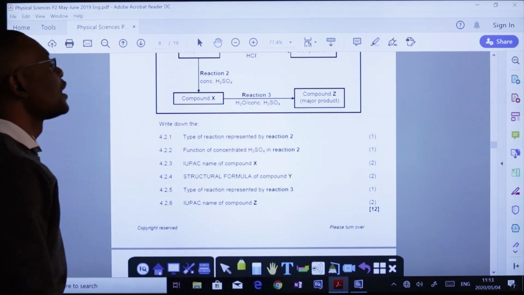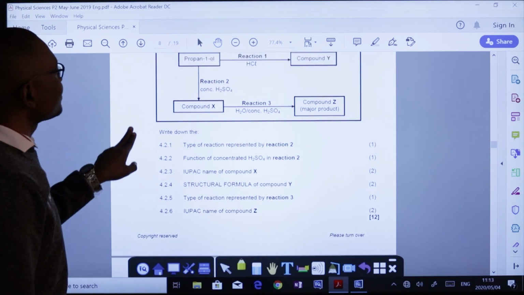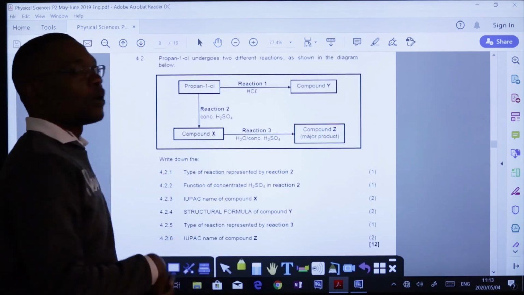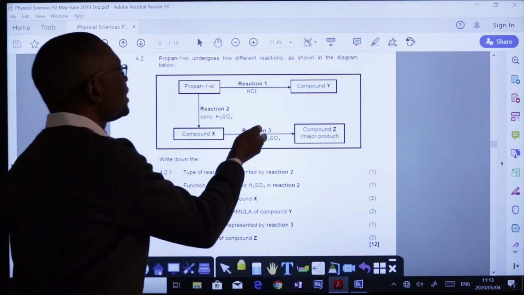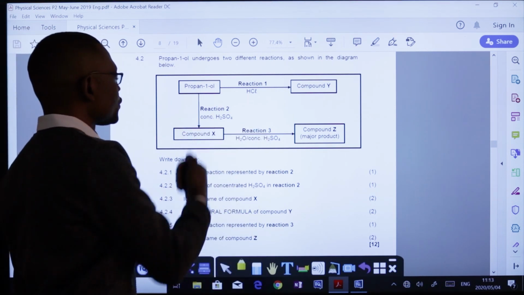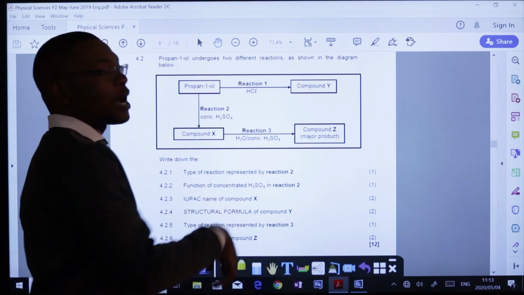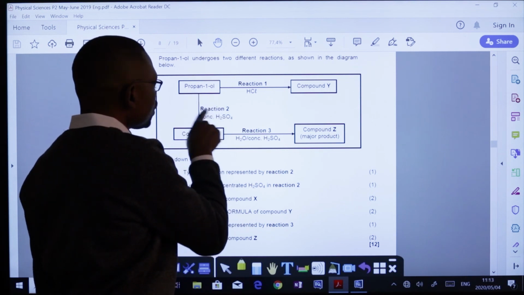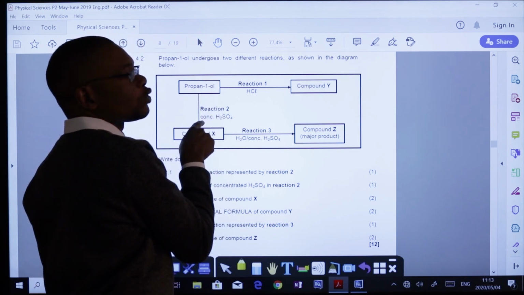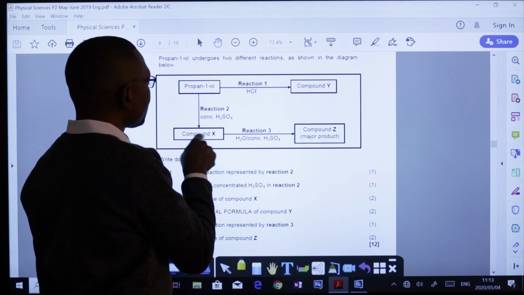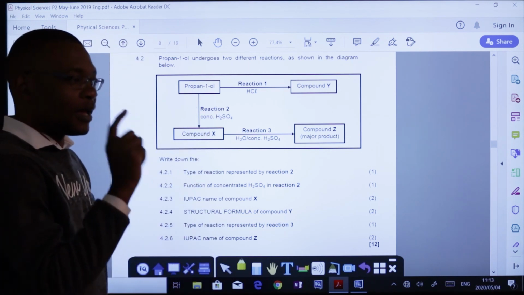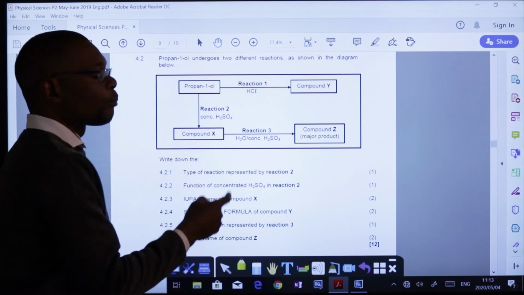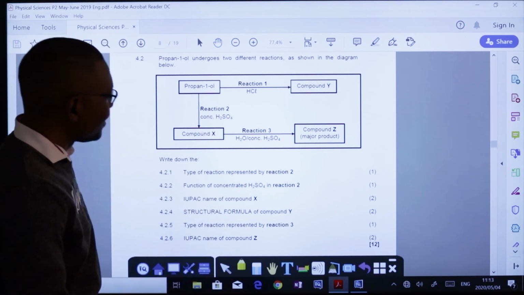Okay. And then this last part of this question is saying the type of reaction represented by reaction 3. Reaction 3, we know that we call this acid catalyzed hydration of alkenes. So we are adding water across a carbon-carbon double bond. So remember initially during this process, elimination took place or dehydration, and you ended up forming a carbon-carbon double bond to form propene or 1-propene.